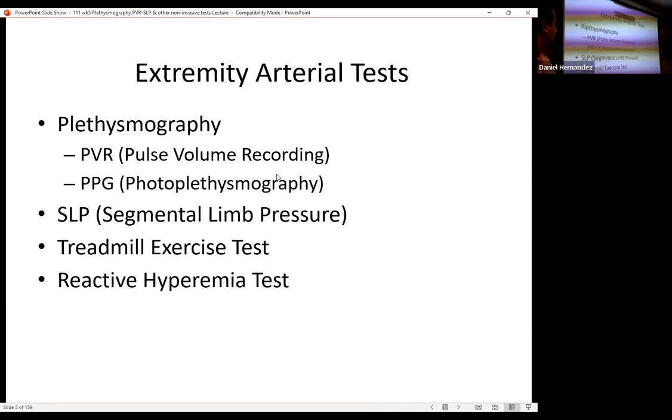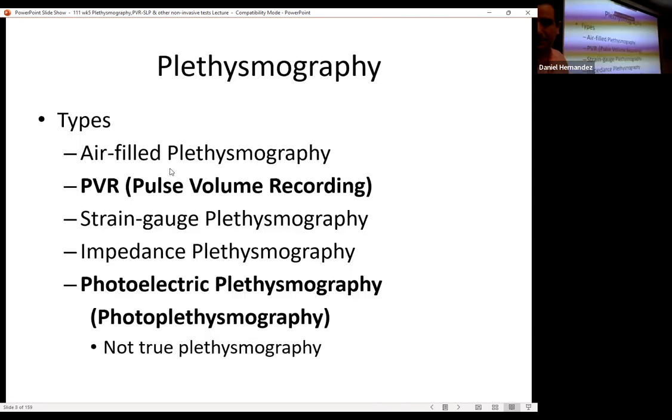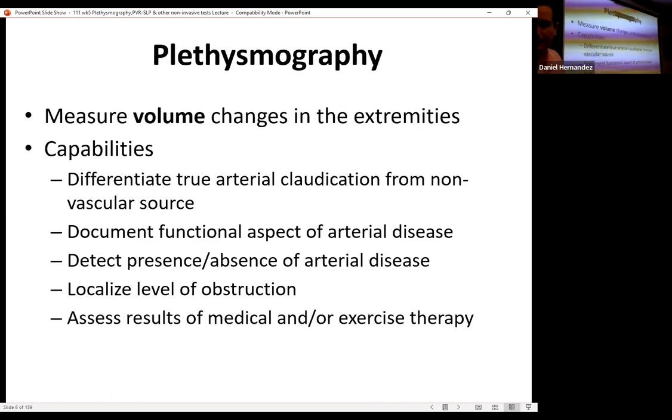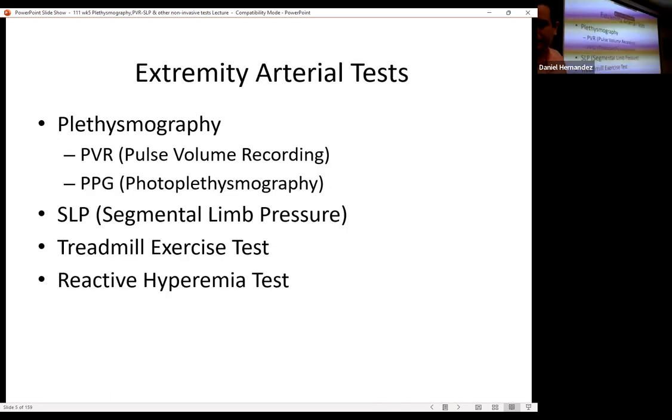There's a couple different types of plethysmography. Photo uses a photo sensor, but it's not considered true plethysmography, because it's not actually measuring volume changes, it's measuring the number of red blood cells.